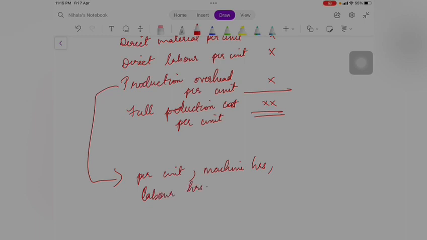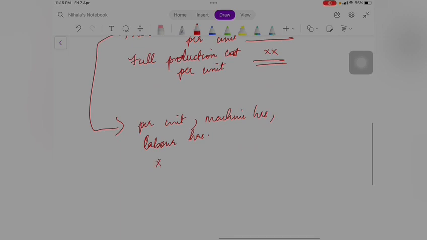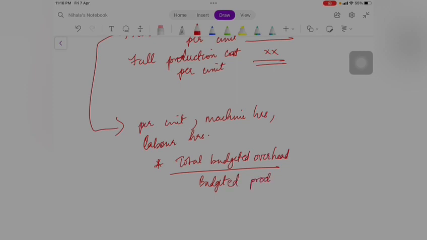The general equation is that the total budgeted overhead that you predetermine, or all the overheads that are attributable to the product, you divide by the budgeted production volume. And this budgeted production volume can be anything. It can be the units you have produced, or the machine hours it takes to produce the goods, or the labor hours it takes.